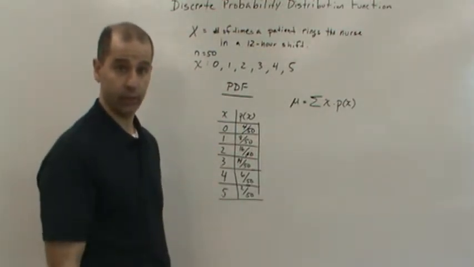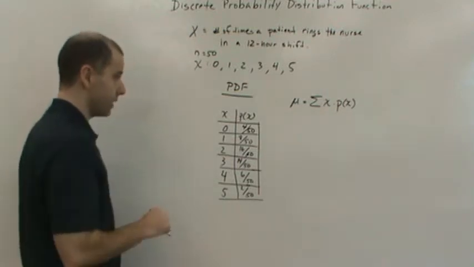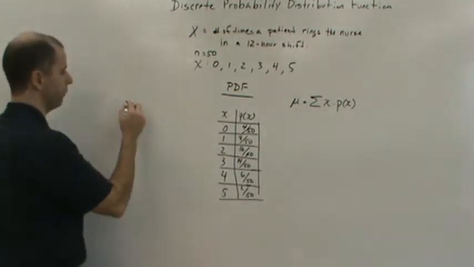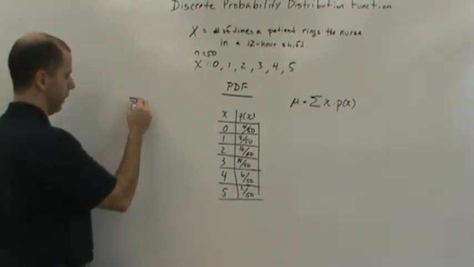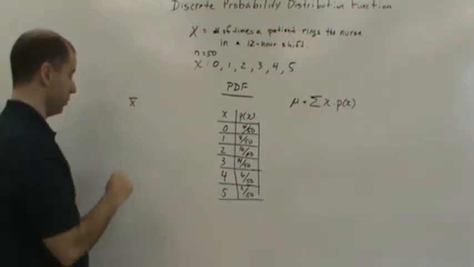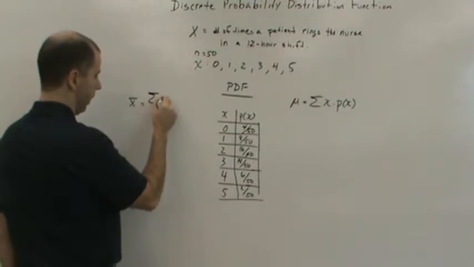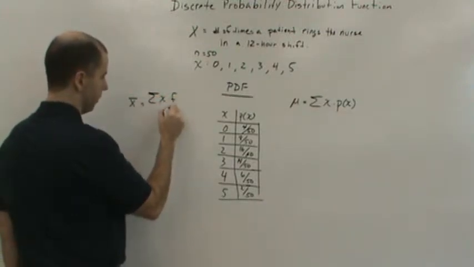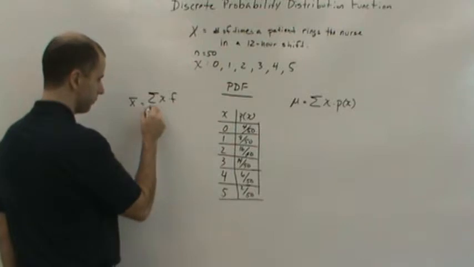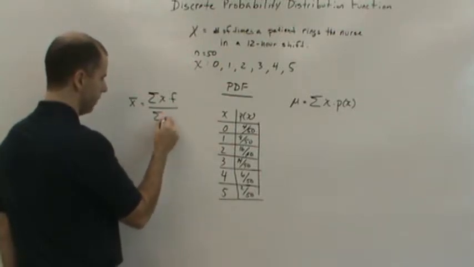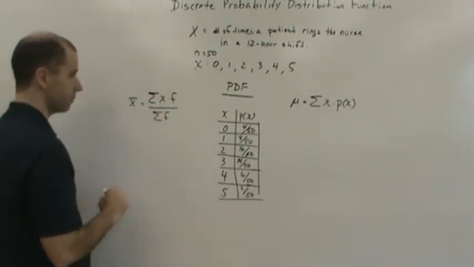That's the average. Notice that this looks very similar to what we did for x bar. Remember, x bar of a frequency distribution or a weighted mean was the sum of x times the frequency, divided by the sum of the frequencies.